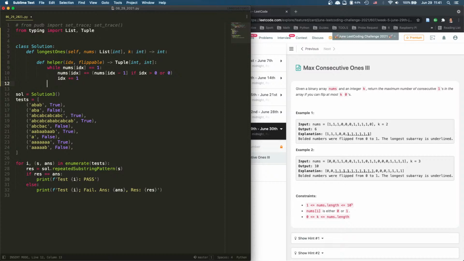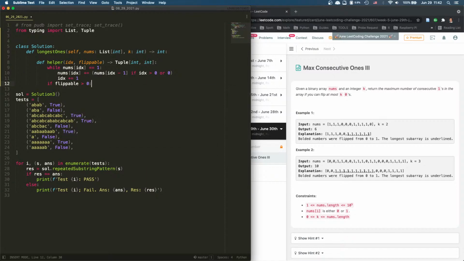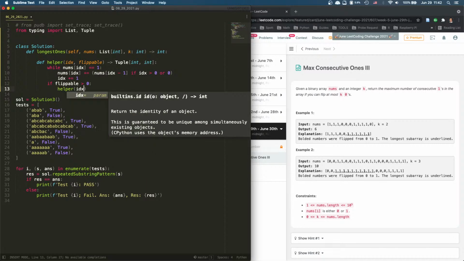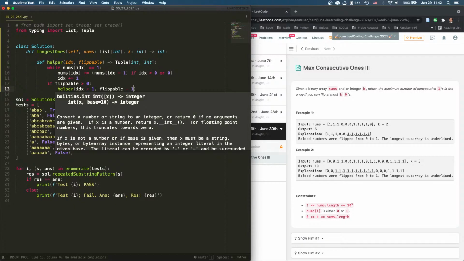Now in that case, we have two things to do, right? We're going to do either I flip or I do not flip. That depends on the flippable. So we say if flippable is larger than 0, then we can do helper index plus 1, next one, and flippable minus 1, right? So we can do the next one.